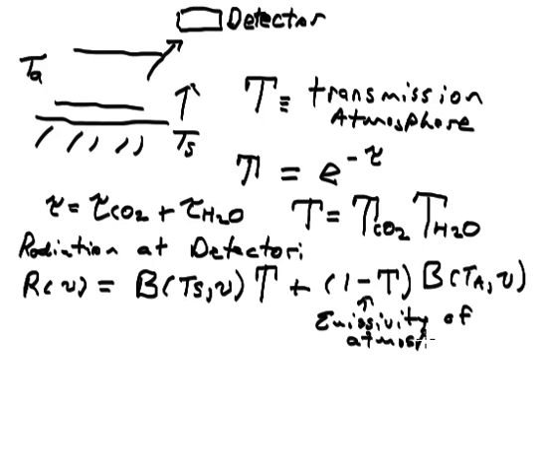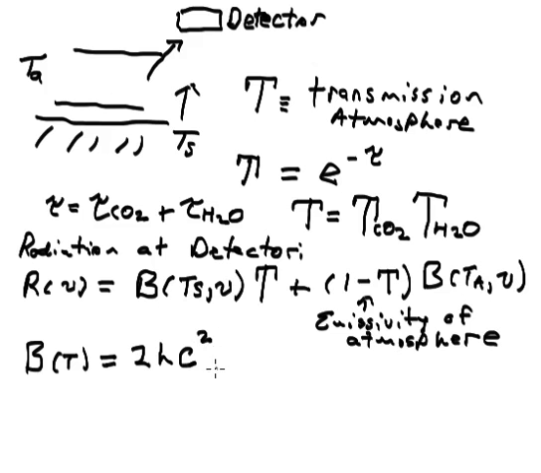Now let's finish up by specifying what the black body function looks like when we want to evaluate this problem. It's going to be given by B as a function of temperature. When we want to have it be a distribution function with respect to wave number, it will be equal to 2 times Planck's constant h times the speed of light squared.